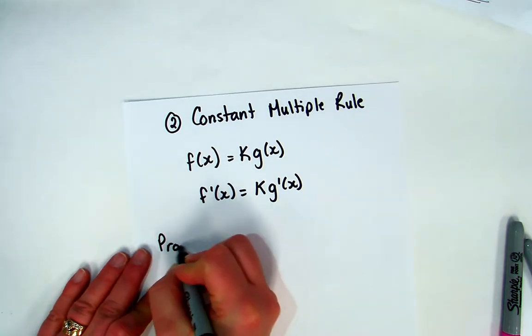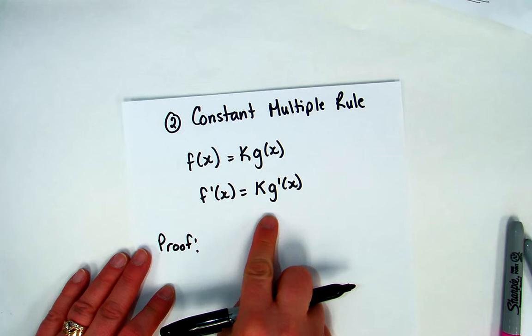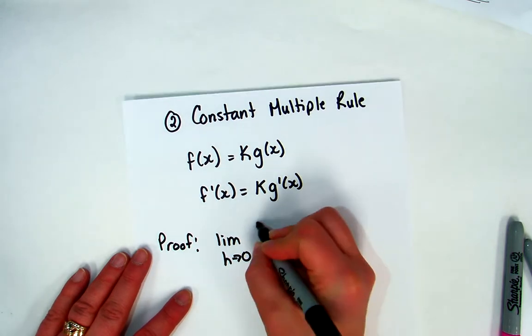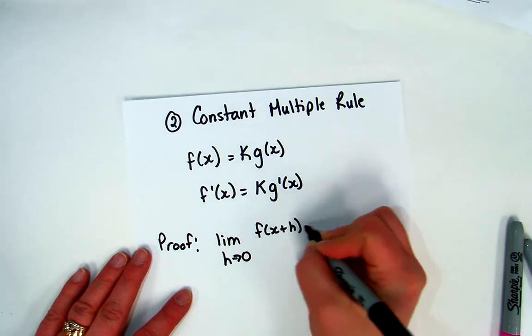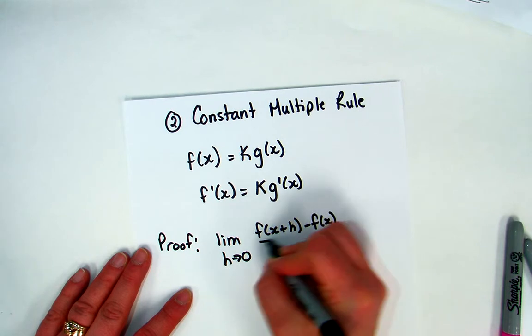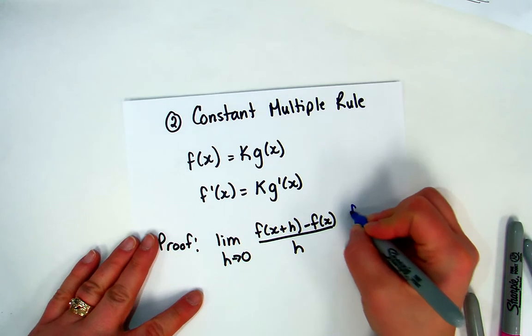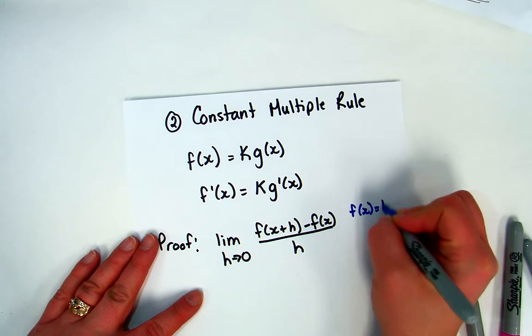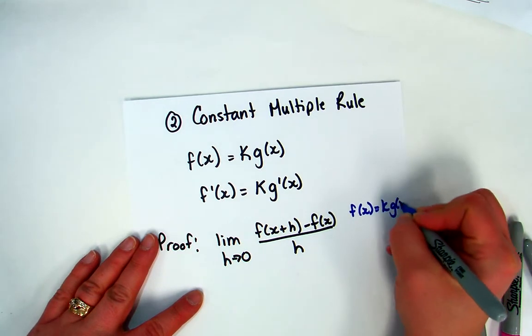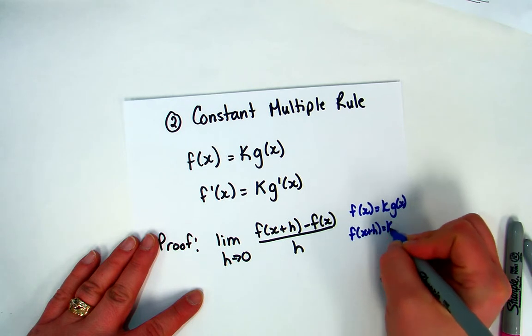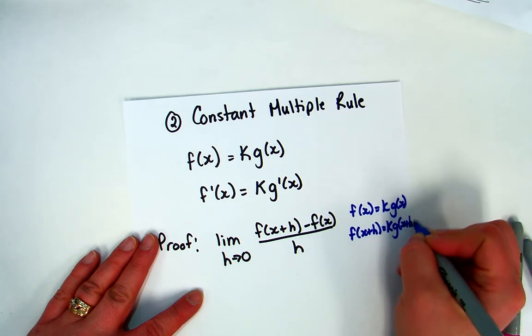But again, I'm going to do a proof to show you how this works. I always go back to my limit definition for the slope of the tangent or the rate of change or the derivative. They all mean the same thing. So in this case, f at x is k times g at x. F at x plus h is k times g at x plus h.